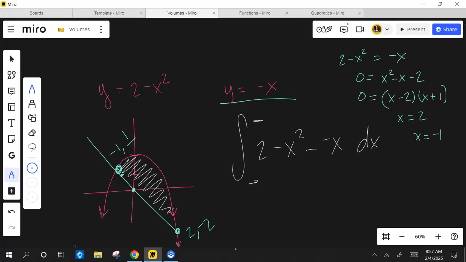If I set them equal to each other and solve for x, I can find where these two curves cross, where they intersect. So now I am finding the integral from -1 to 2. Sometimes you might want to find these bounds, and I want you to understand that. Now this is a problem like you've done before. The new stuff here is finding where they intersect, finding what I'm running from.